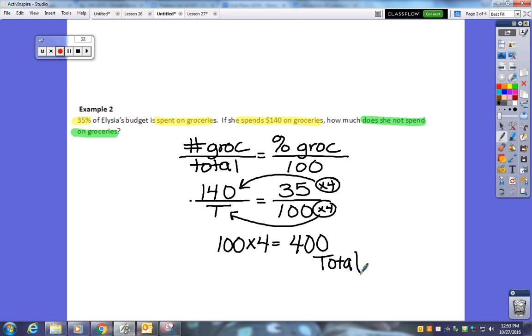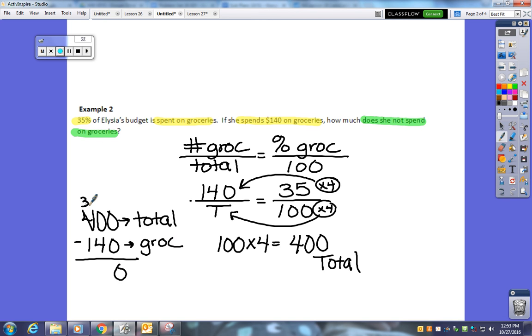Now the question was not asking for the total amount of her budget. The question asked how much was not spent on groceries. Since we now know the total amount she had, and we also know how much she did spend on groceries, we can subtract to find the amount she did not spend on groceries, which would be $260.